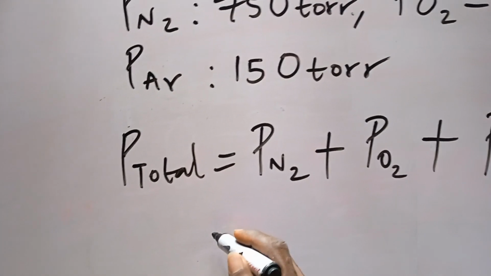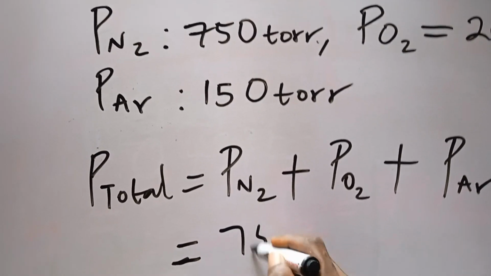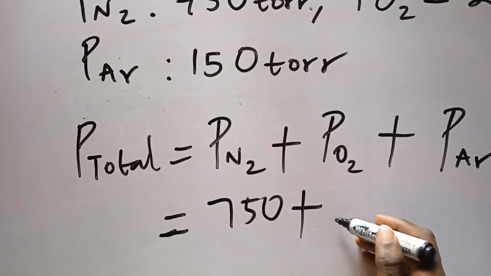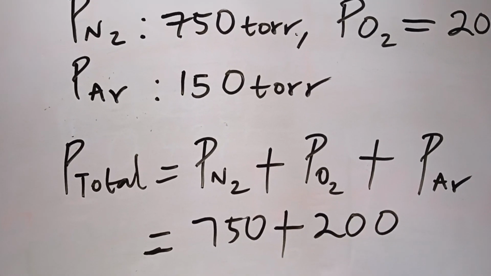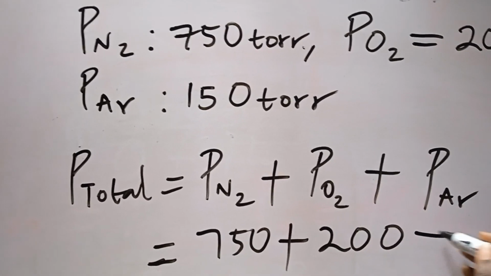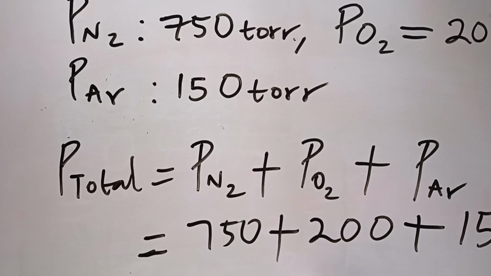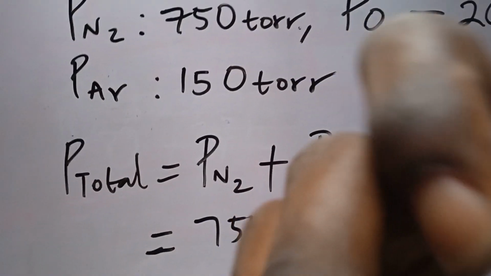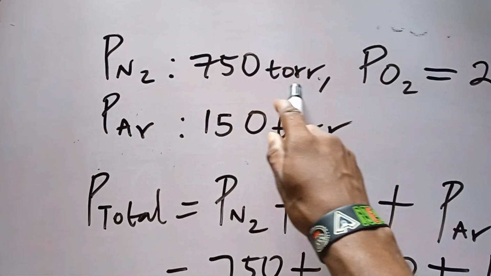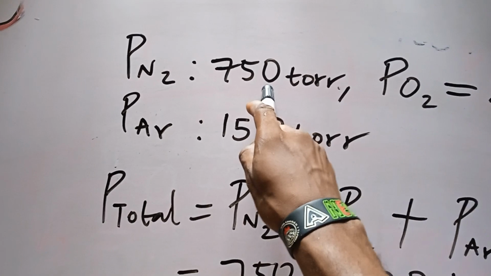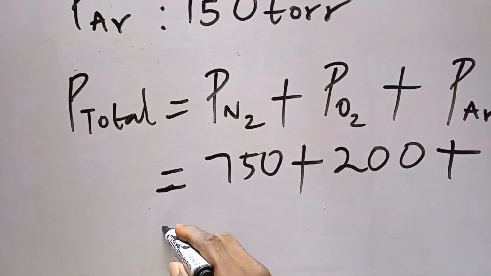When you do this, you're going to have 750 plus 200, that gives me 950, plus 150, that gives me 1100, because 800, 900, 1000, 1100.